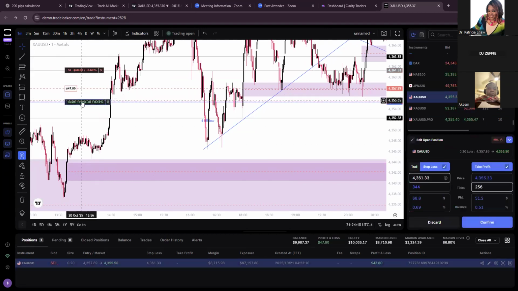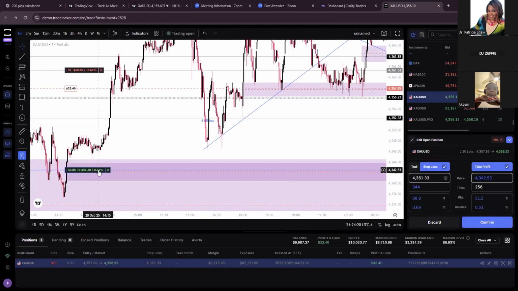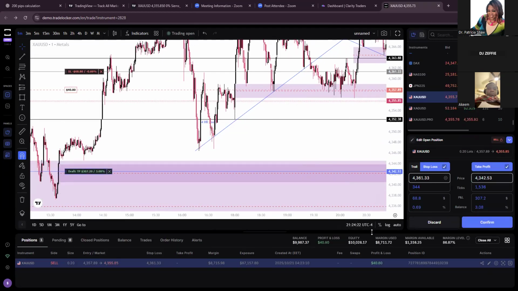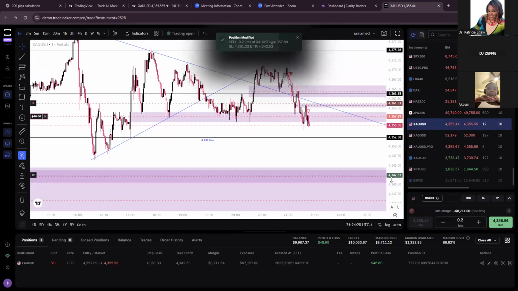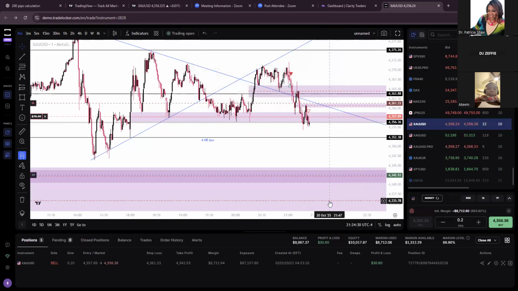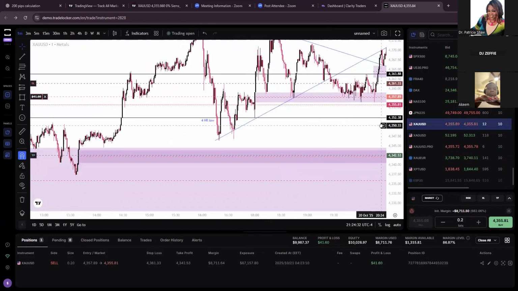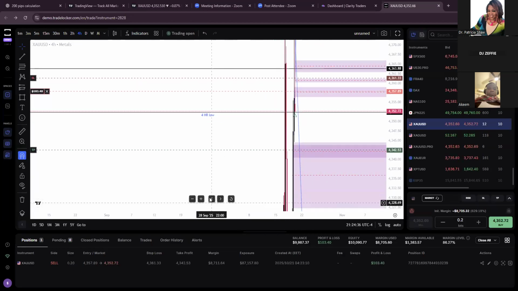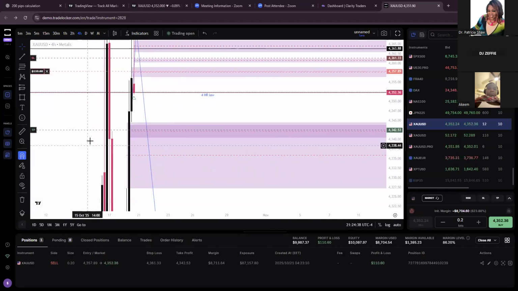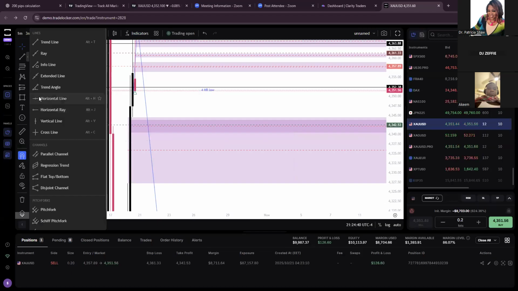And if this one hits stop loss, then we're done until tomorrow because I got a 2 stop loss minimum. All right. So 1 minute. And our 4-hour.